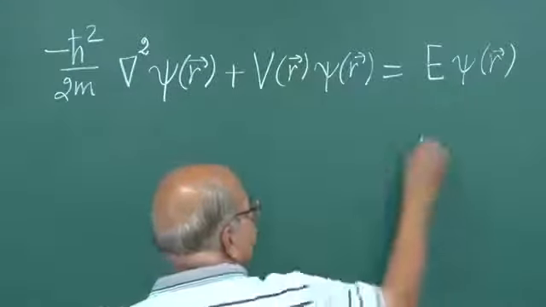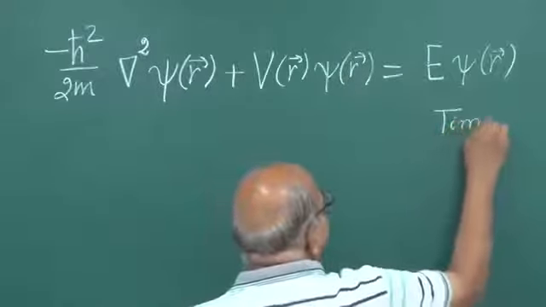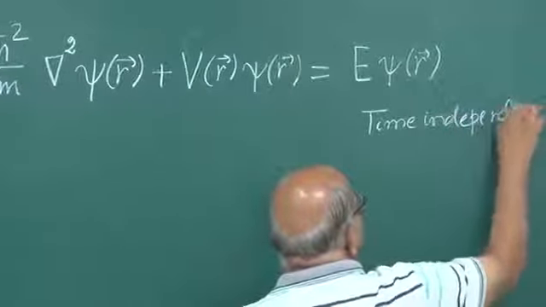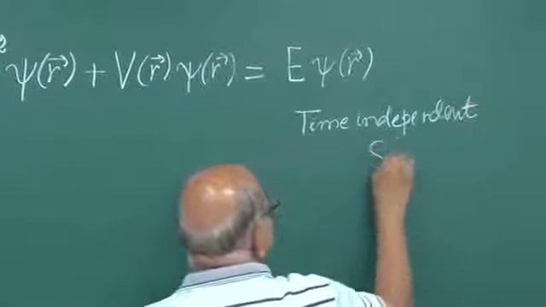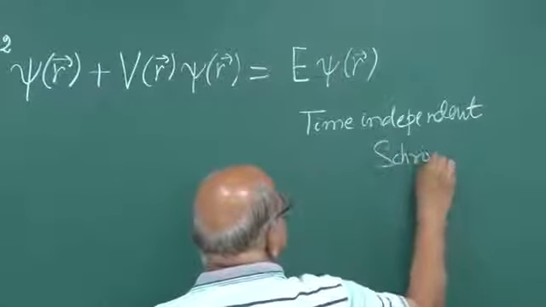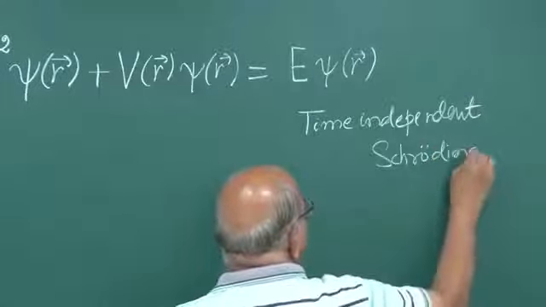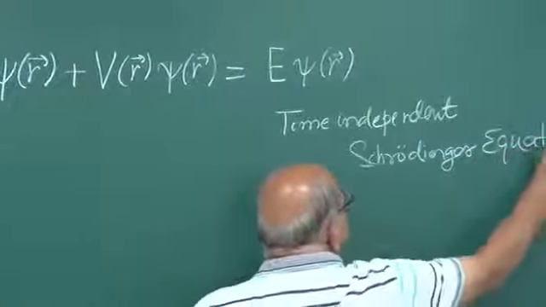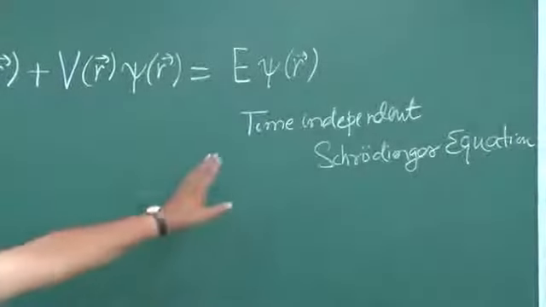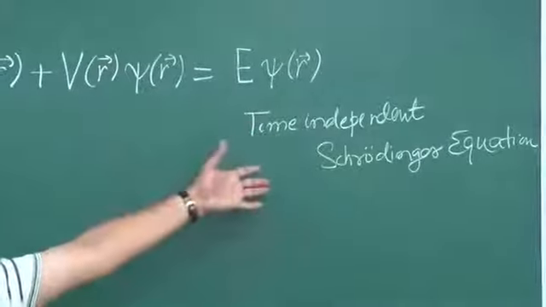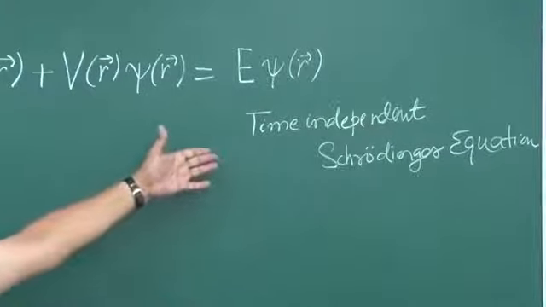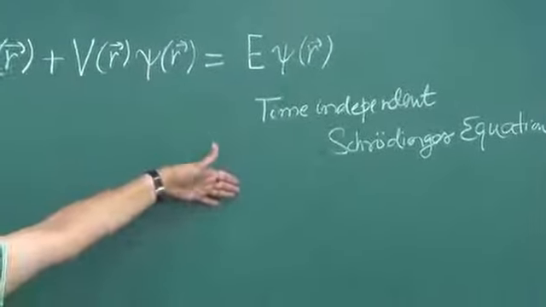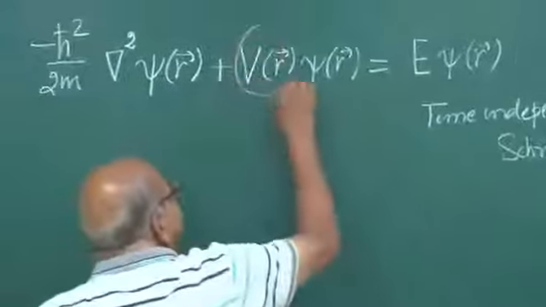This equation is known as the time independent Schrodinger equation. So there must be a time dependent Schrodinger equation also, and there is, but I won't be talking about that.